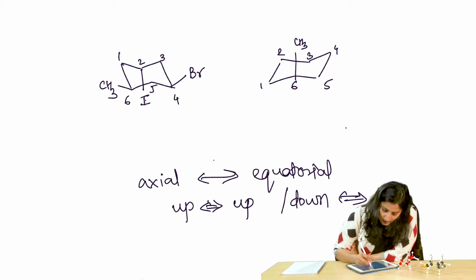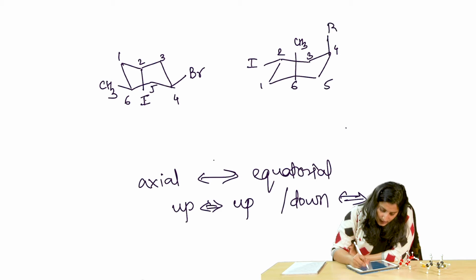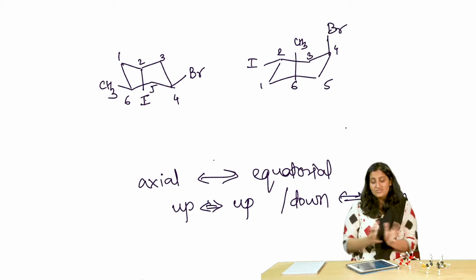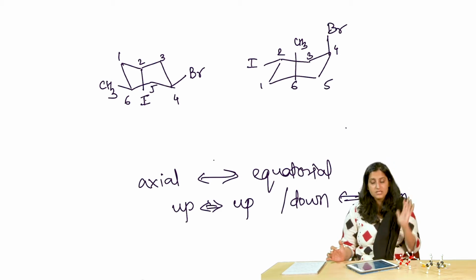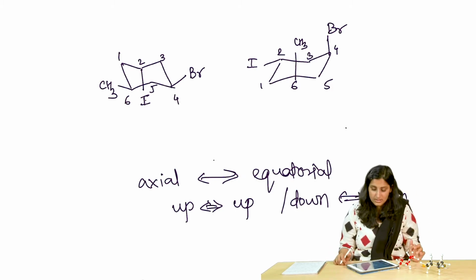So, on the second carbon here, it is going to go equatorial down. Carbon number 4, which is bromine, is going equatorial up. So, in this case, it is going to go axial up. So, as you can see, as the chair interconverts, axial interconverts to equatorial and equatorial interconverts to axial, but up still remains up and down still remains down.